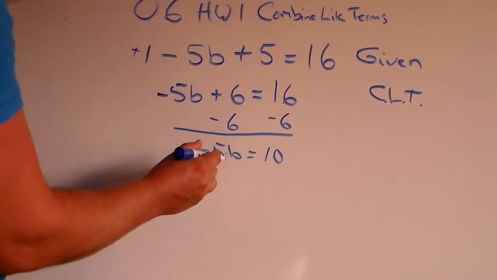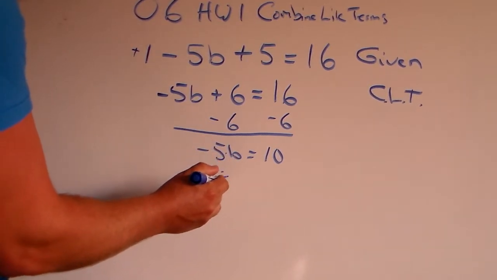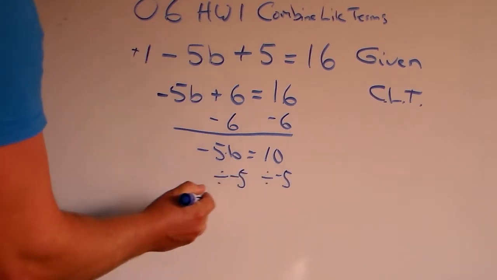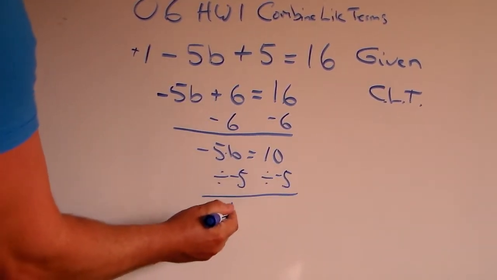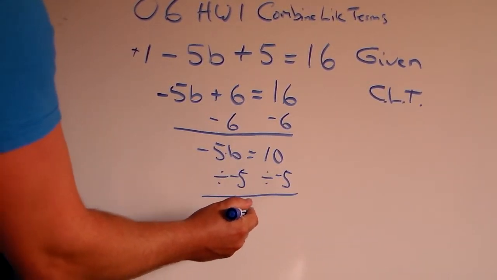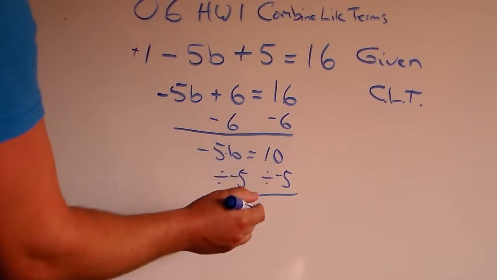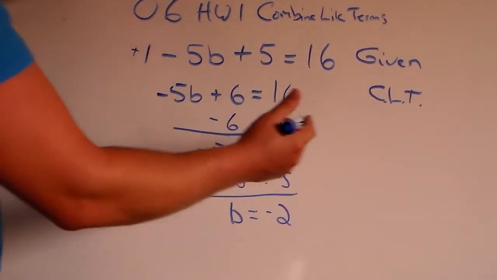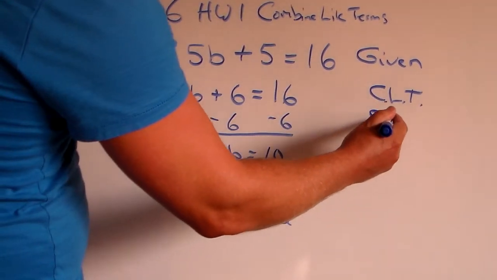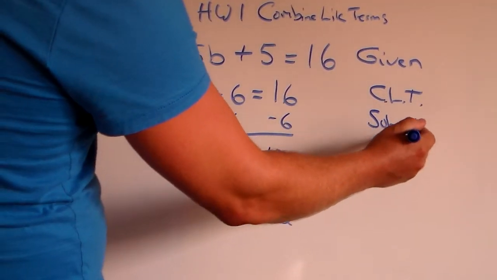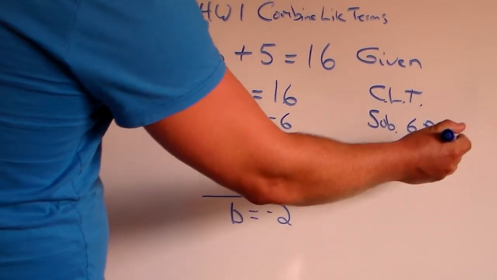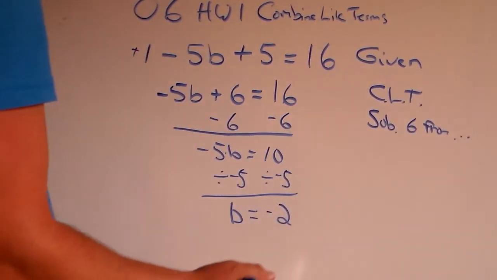This is negative 5 times b, so we divide by negative 5 to both sides. We get b equals positive 10 divided by negative 5 gets us negative 2. And if we're going here on our steps on the side, we subtracted 6 from both sides. I'm going to abbreviate from both sides of the equation.